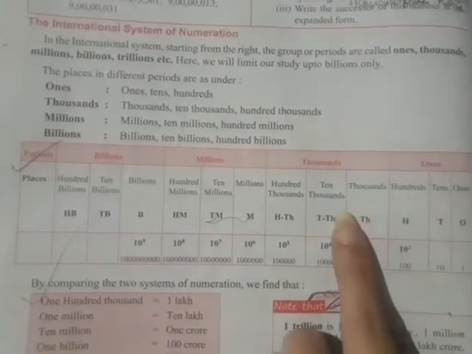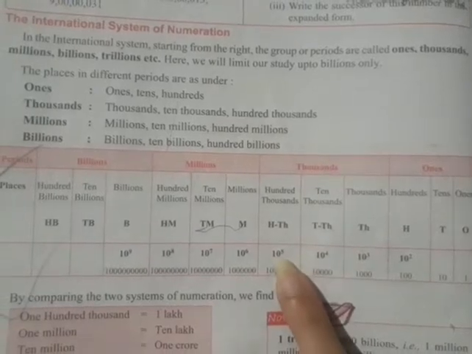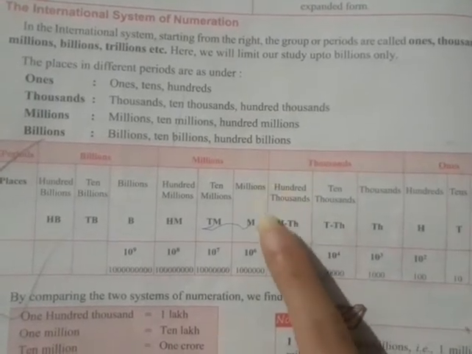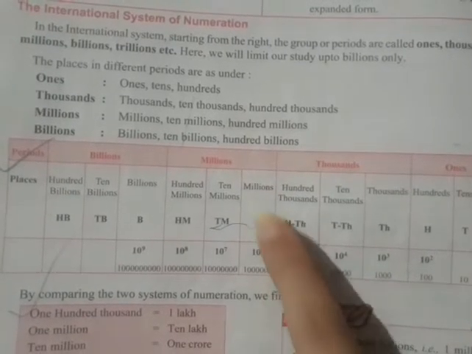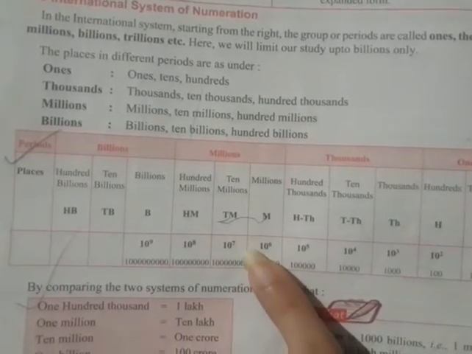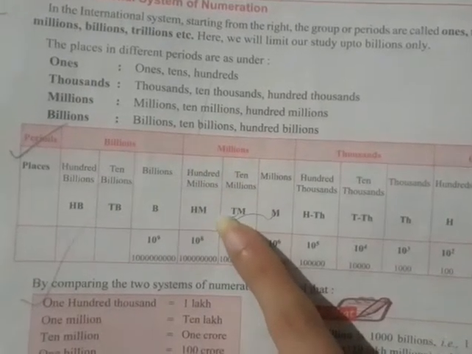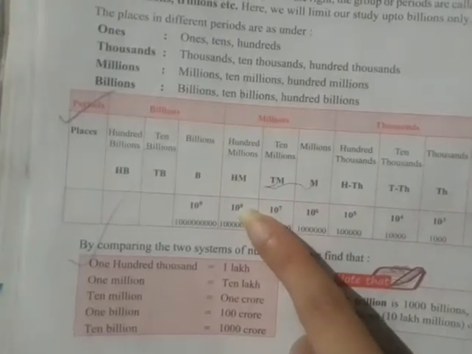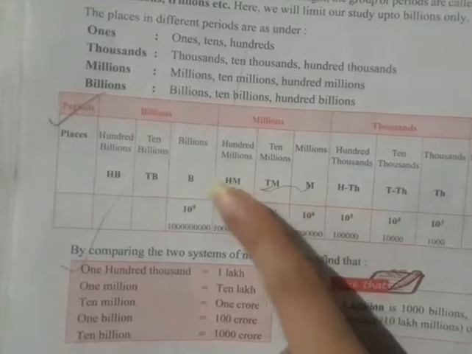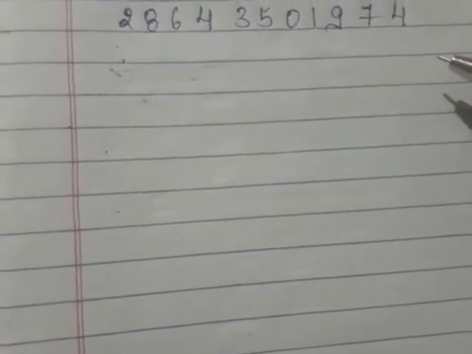Here you can see that 100,000s is equal to 1 lakh, and 1 million is equal to 10 lakh, and here 10 millions is equal to 1 crore and 100 millions is equal to 10 crore and 1 billion is equal to 100 crore.